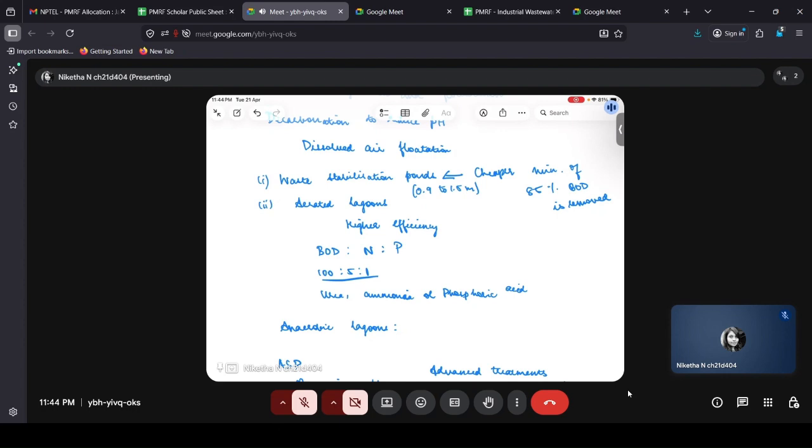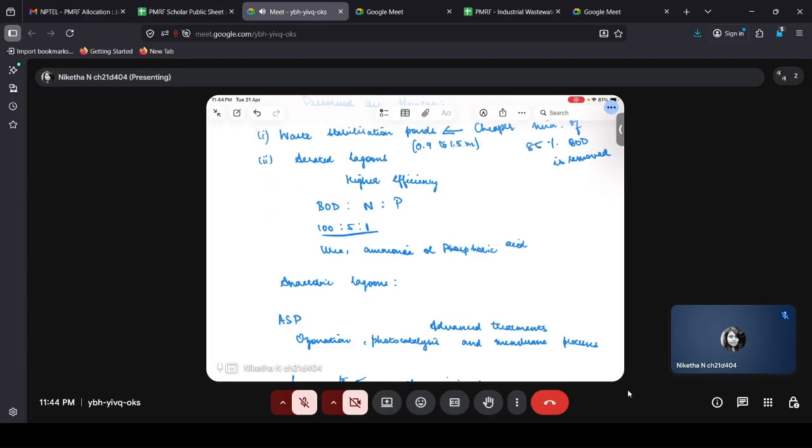On the other hand, aerated lagoons provide higher efficiency, but we need to have aerators, and we cannot use diffused aeration here because diffused aeration could lead to pore blocks. A diffused aerator is different from a mechanical aerator.